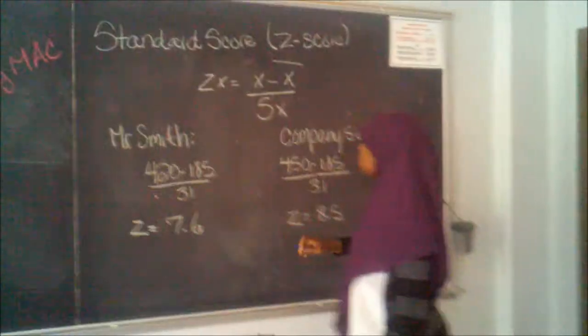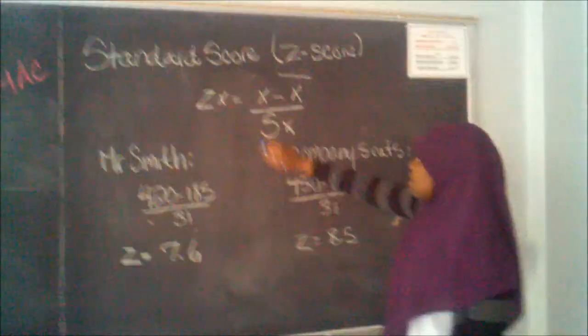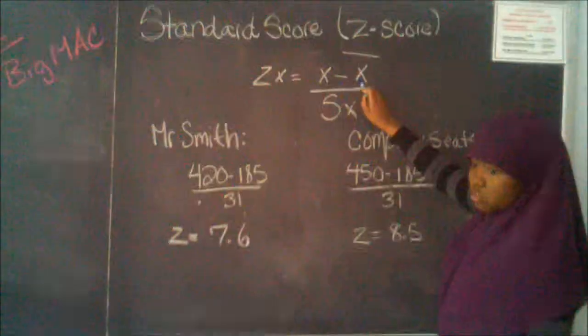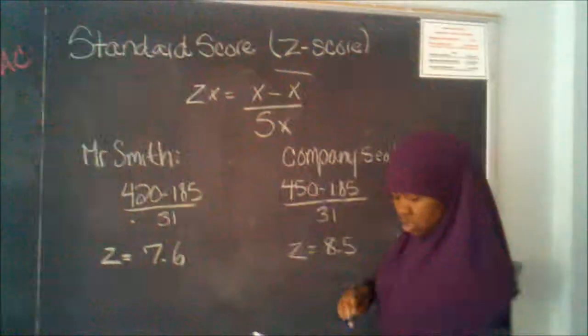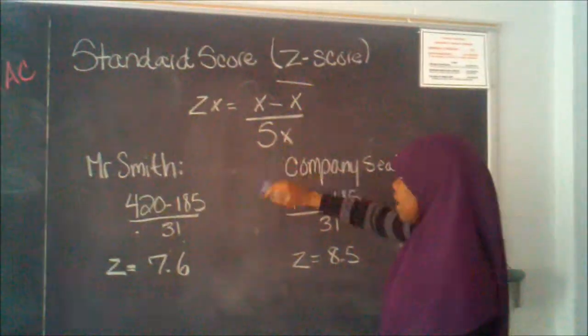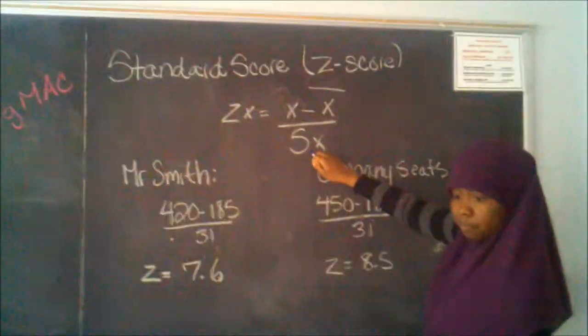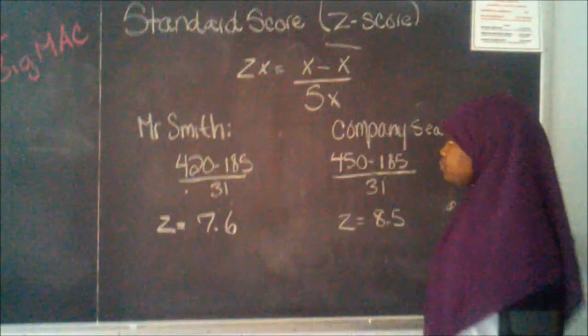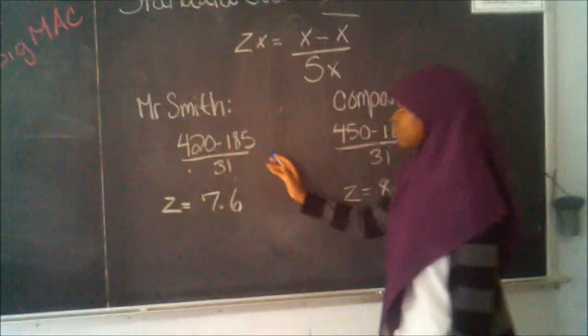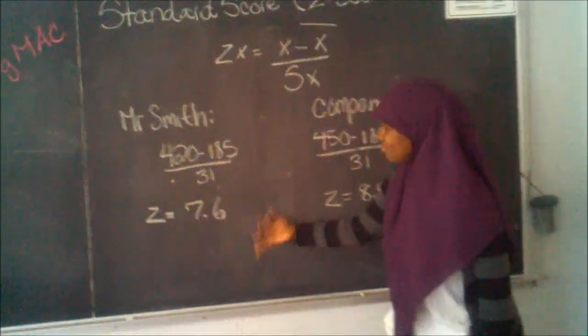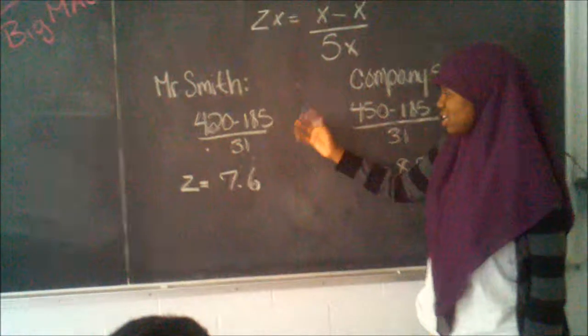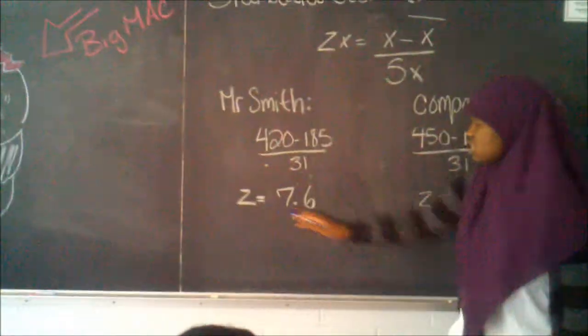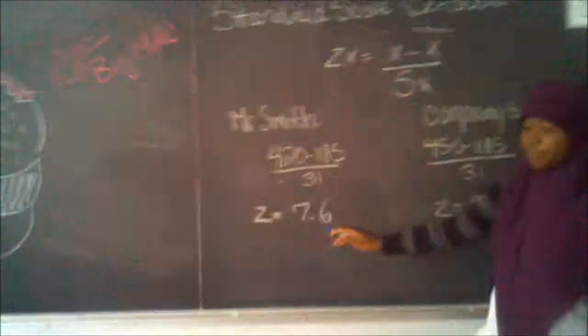I based it off of standard scores, which are Z-scores. This is the equation. Basically, I subtracted the mean, which is 185, from your weight. That gives us 420 minus 185, and I divided it by 31, because the standard deviation of the average weight is 31. Here we have how much you weigh: 420 minus 185 divided by 31, and the Z-score equals 7.6.